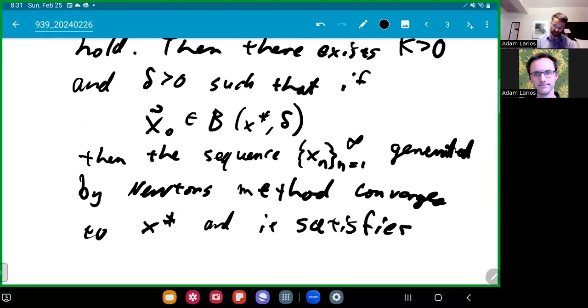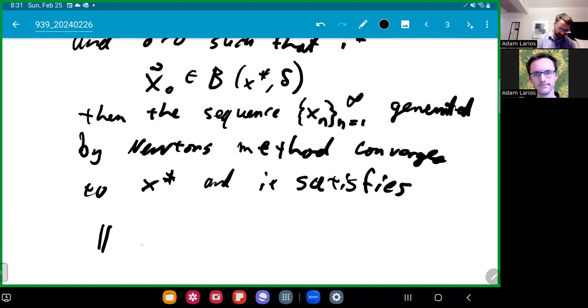So this is what really makes Newton's method powerful. And all these hundreds of years later, we're still using it.